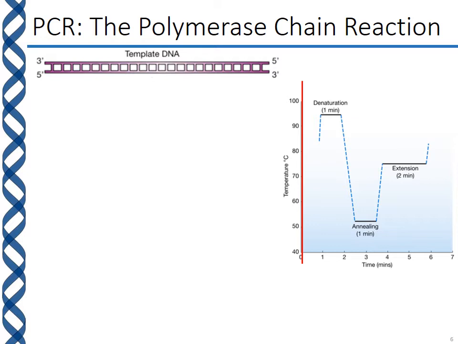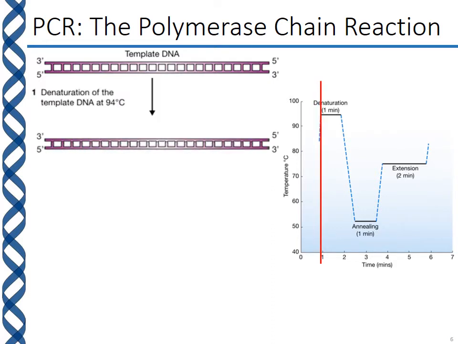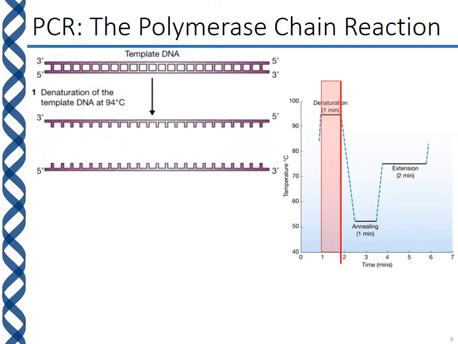These are the steps we just discussed. And you can see that they all occur at different temperatures and for different lengths of time. So the very first step, we enter the denaturation stage. As I mentioned, that is where the template DNA strands will come apart.